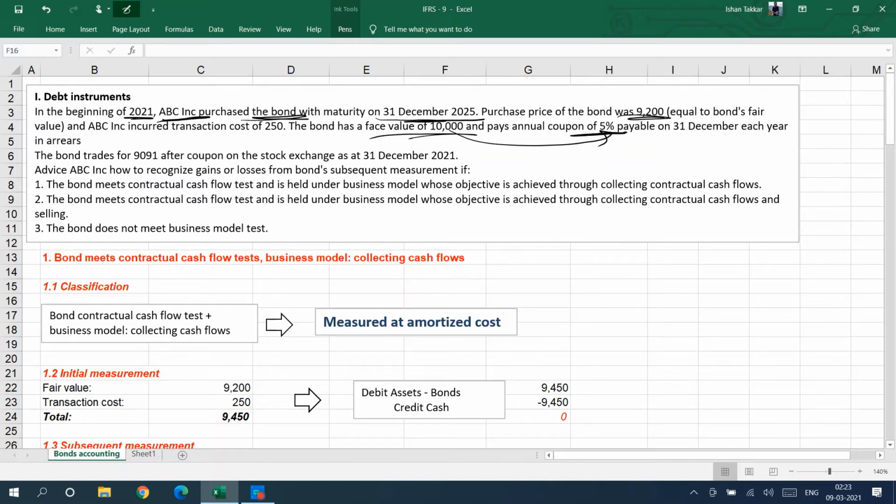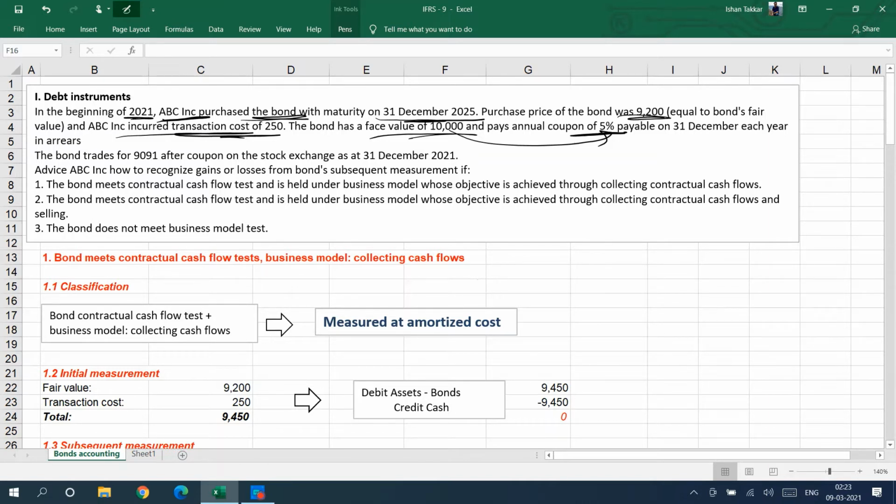But when you purchase this bond, you need to incur an expense of 250. You can say stamp duty or something like that, taxes or brokerage or anything. You incurred an expense of 250. So that is the question. How do we record the bond?